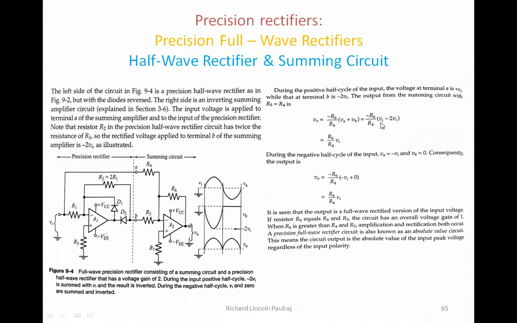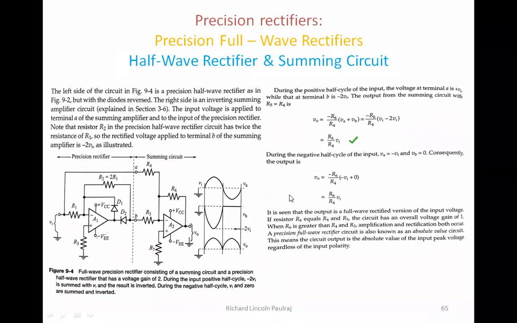So it becomes VI minus 2 VI, which is minus 1 VI. Minus into minus becomes plus. So R6 by R4 into VI is my total output voltage. Please make note of this: output voltage is R6 by R4 times VI.